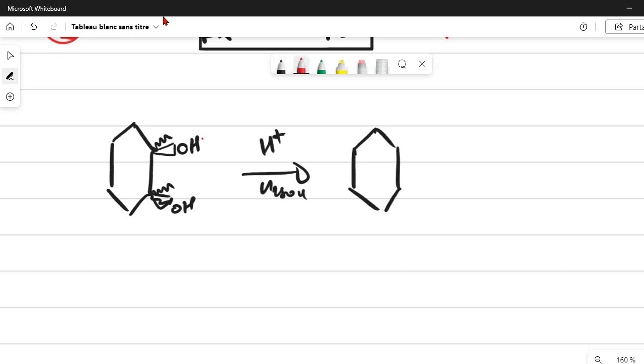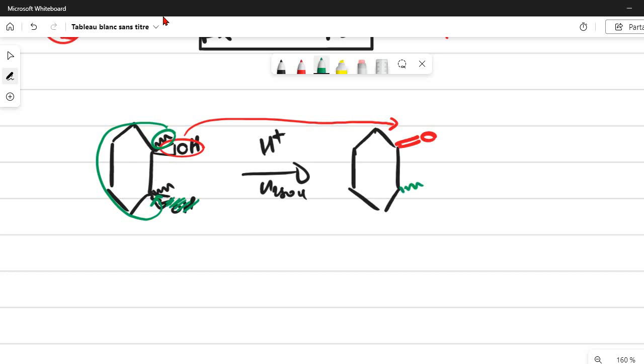I take this one and need to add an oxygen. This one is going to be a ketone, and this one, besides the oxygen, is going to be transferred, rearranged here. The alcohol I delete, so I will have two methyl groups this way.